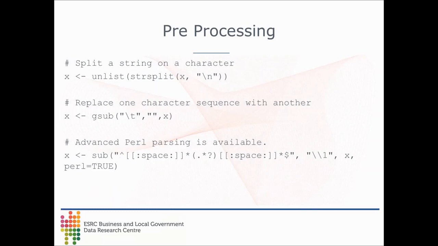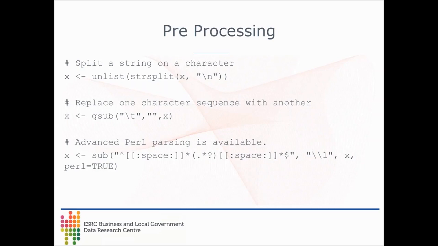So how can we get or pre-process this data? Once we've loaded the data frame, there may be a couple of functions that we need to parse the data. We have advanced parsing with Perl-like regular expressions.